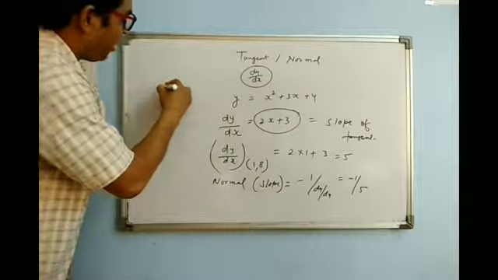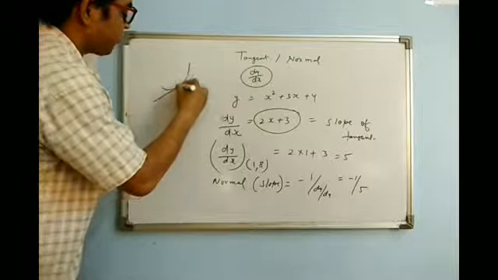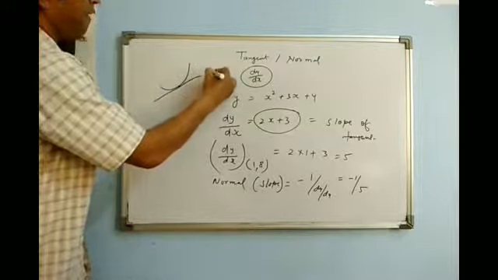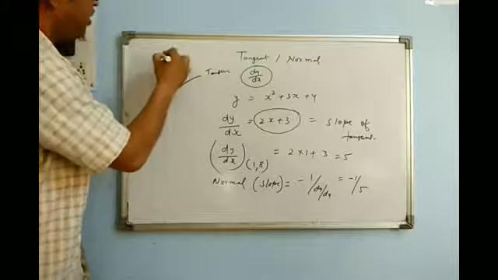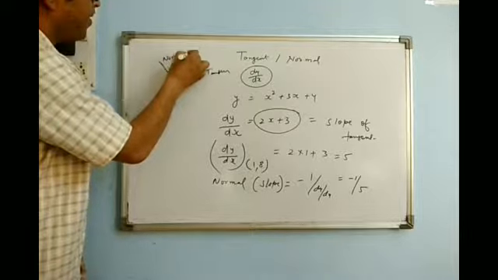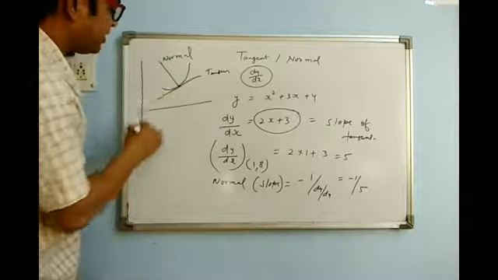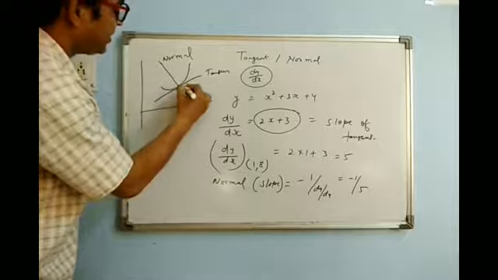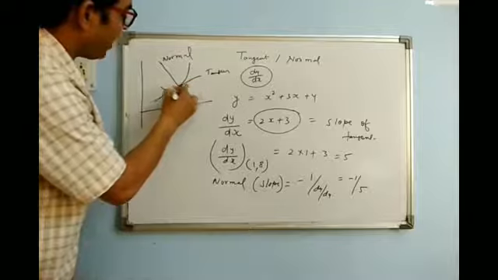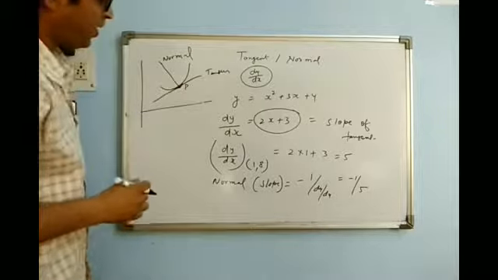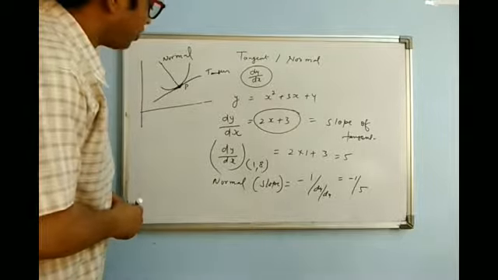Just see, if a curve is like this, this line is tangent, then this line is normal. If you just draw the x-axis and y-axis, and this is the point of contact where the tangent is drawn to the curve, you can find that point of contact by the given conditions in the question.